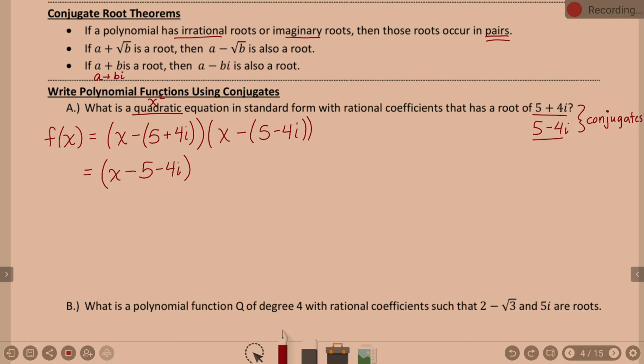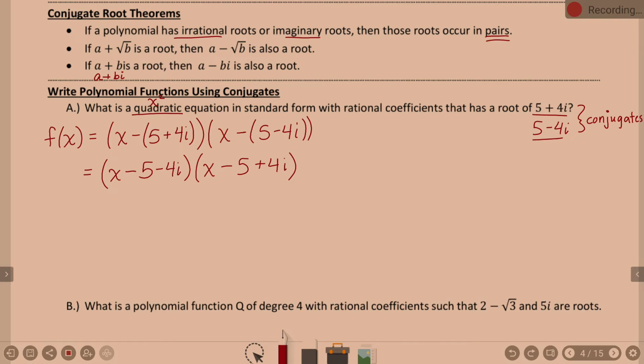This minus sign out front of the parentheses has to distribute in. So it's changing not just the sign of the 5, but also the sign of the 4i. Same thing on this one. X minus 5 and minus negative 4i, which is plus 4i. As you get used to it, that process will get easier.